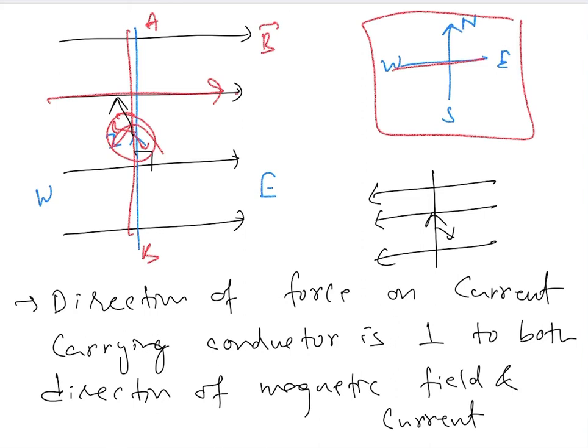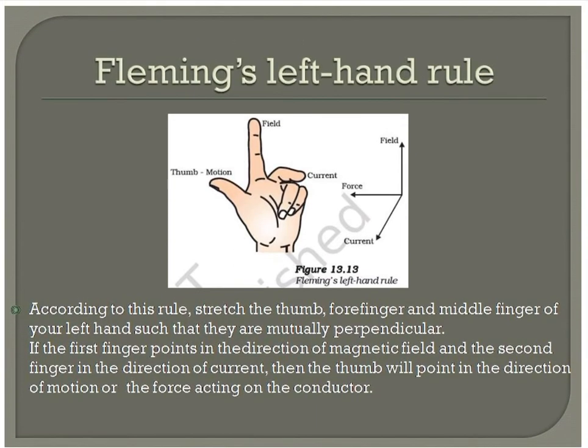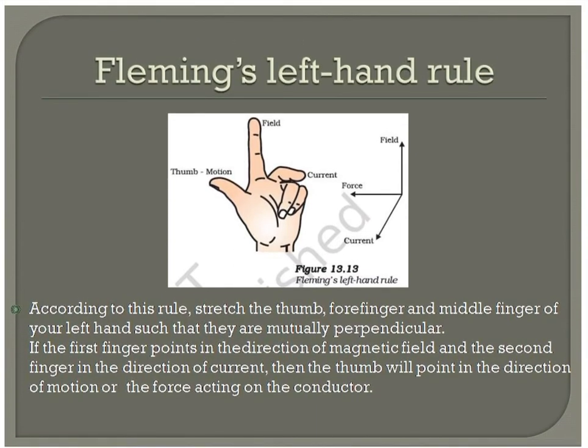Now, the direction of this force can be given by a rule called Fleming's left hand rule. According to this rule, stretch the thumb, forefinger and middle finger of your left hand such that they are mutually perpendicular to each other.